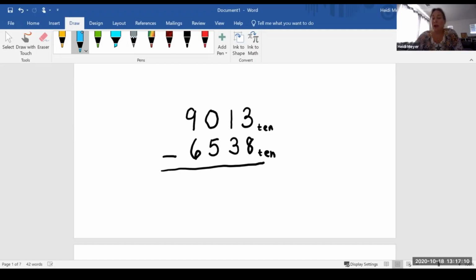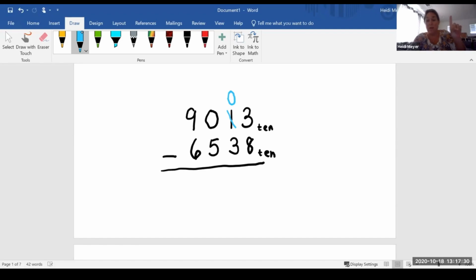So here we have subtraction, and we're working in whole numbers. So I cannot take 8 away from 3. 8 is bigger than 3. So I need to go to the number in the next place over, the next bigger place, and I need to borrow. So there's a 1 there. I'm going to borrow the 1, leaving 0.